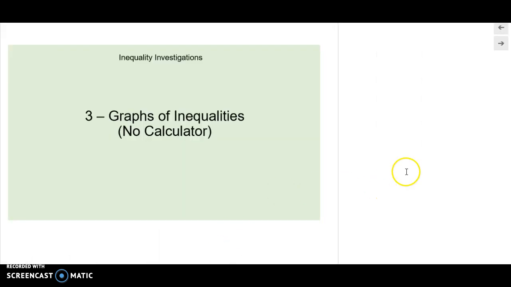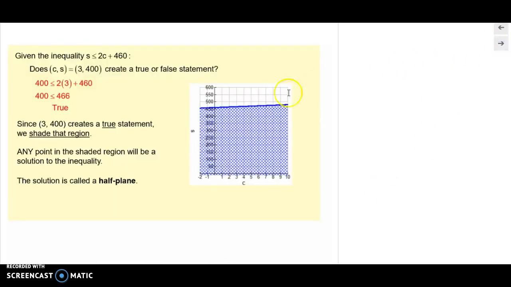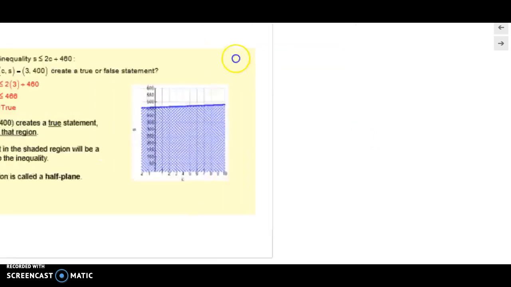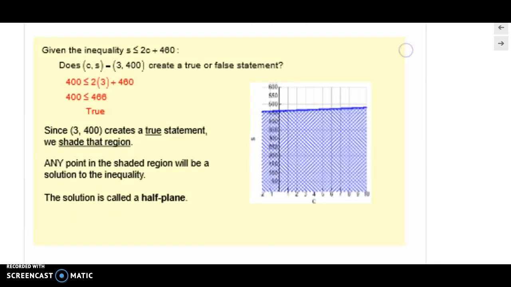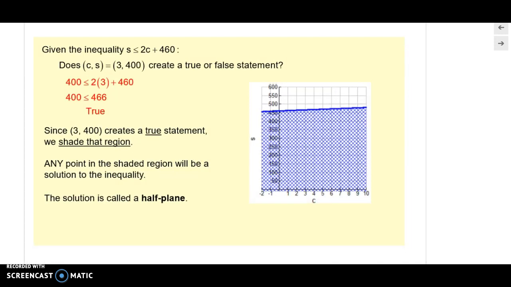All right, so now what happens? How do we figure this out? If we're given a graph and we want to figure out, all right, here's my inequality, S less than or equal to 2C plus 460. Let me zoom in a little bit on this if I can. And I can. All right. We want to know if the point 3 comma 400 creates a true or false statement, effectively trying to figure out, well, is this part of the shaded region or not?